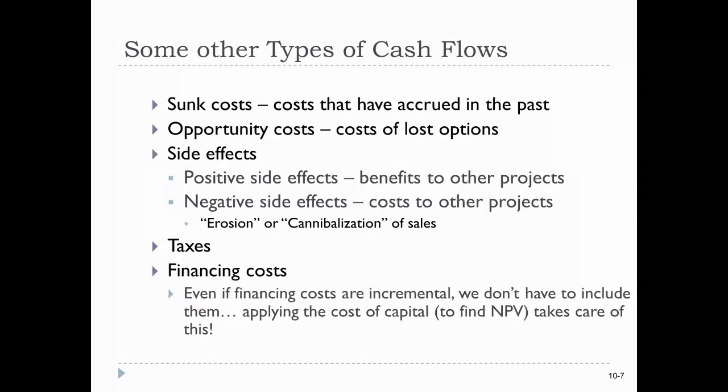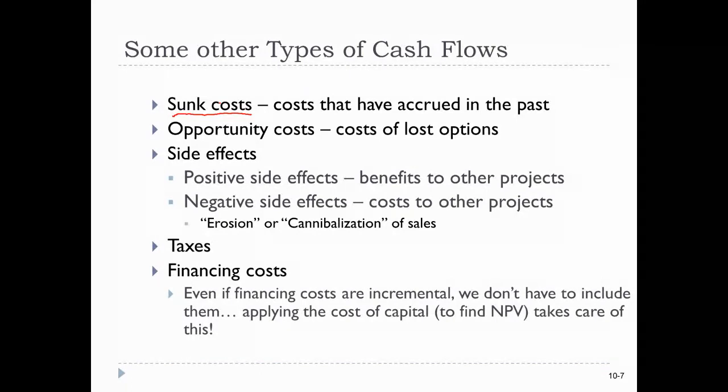There are certain cash flow types that you might encounter that are worth knowing about because they appear frequently enough in problems of these sorts. One example is cash flows that we might refer to as sunk costs. I said that in order to be relevant to our decision process, a cash flow has to be incremental to the project.